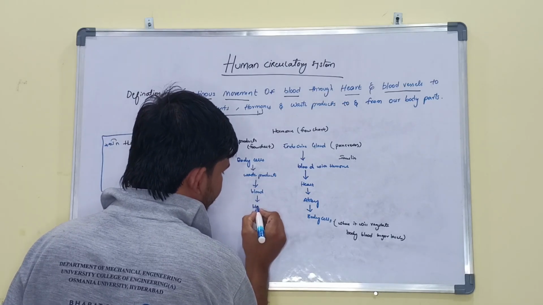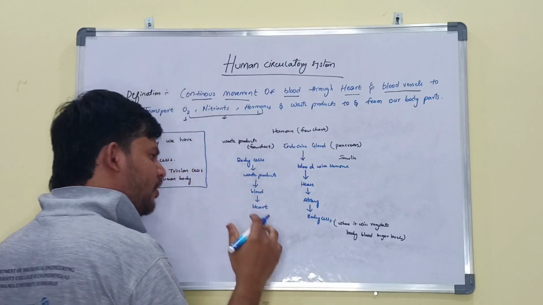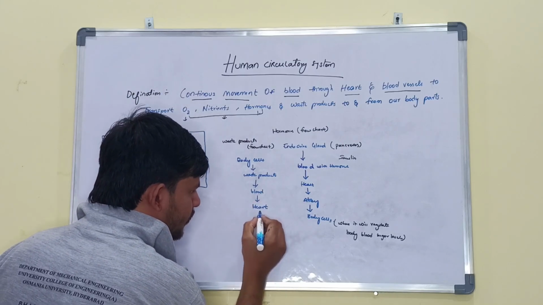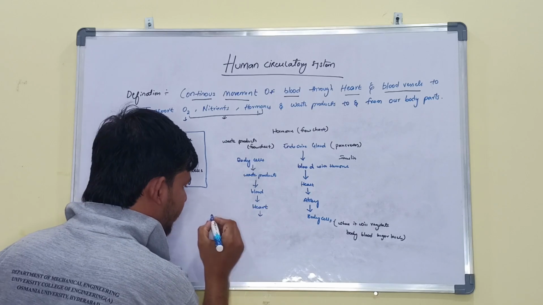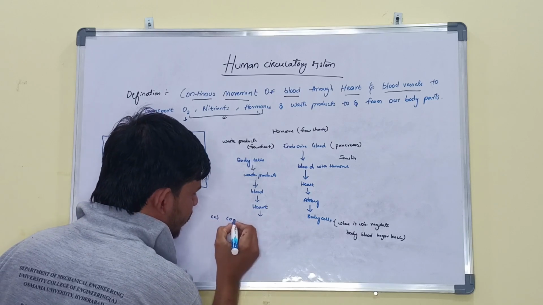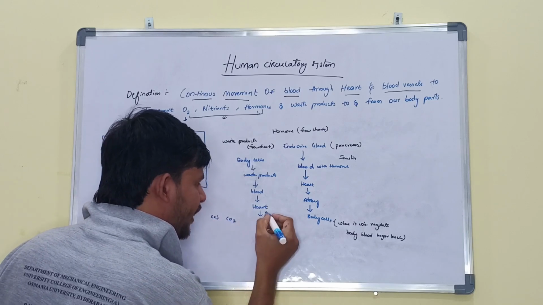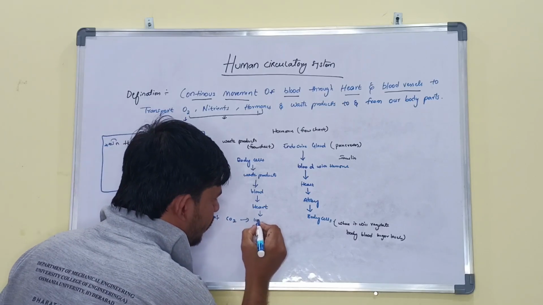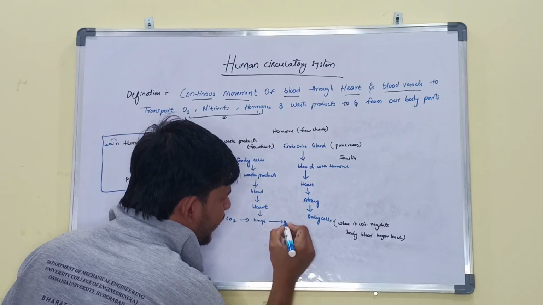It will be transported to heart. This heart will transport these, for example, I will be taking carbon dioxide. This carbon dioxide is transported with the help of blood to lungs and it will be exhaled outside.